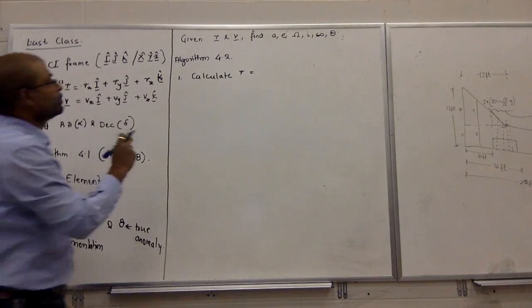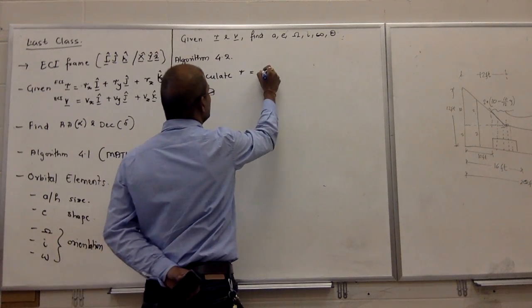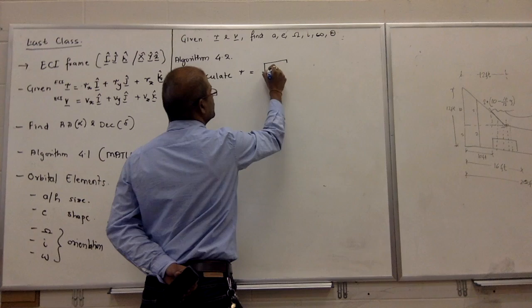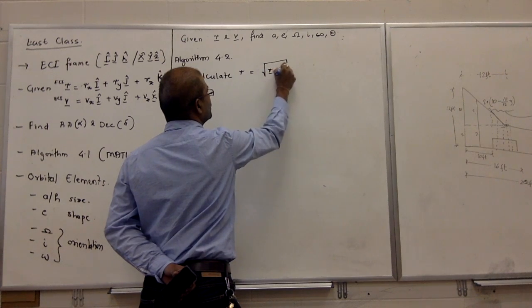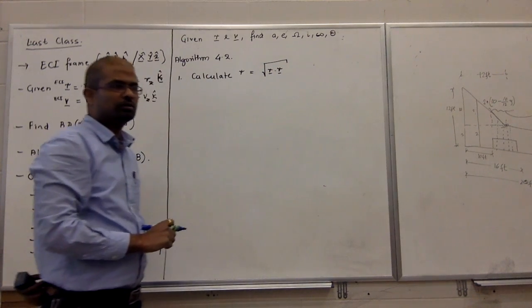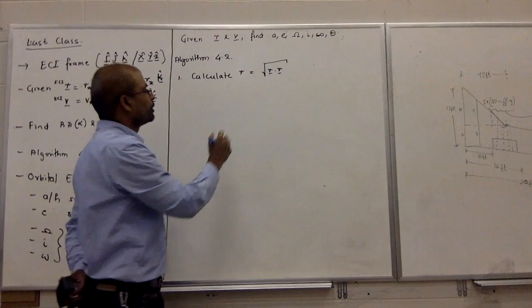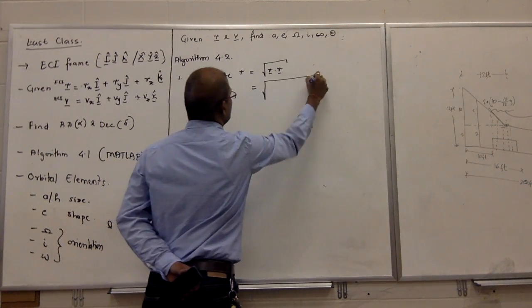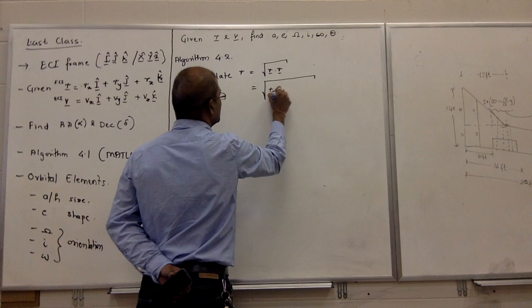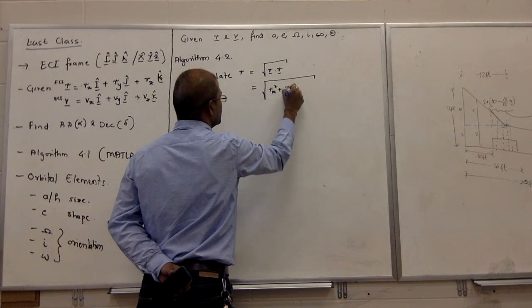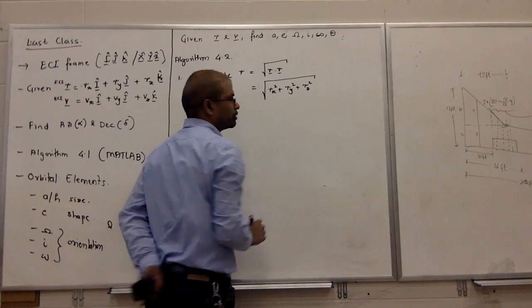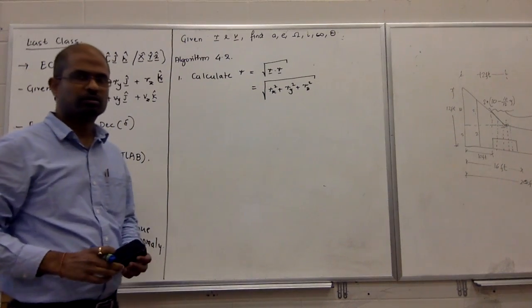Given the vector R, you can simply do the square root of R dotted with R. You can express magnitude in different ways; this is also equal to the square root of Rx squared plus Ry squared plus Rz squared. It will give you that R. Got it?